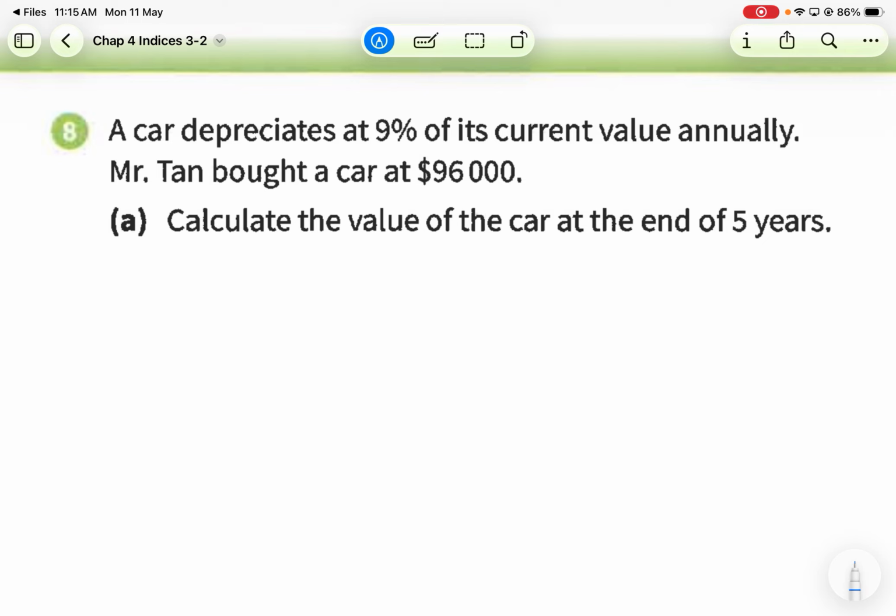Okay, here you see this word depreciate. Okay, what does depreciate mean? Depreciate is the opposite of appreciate.